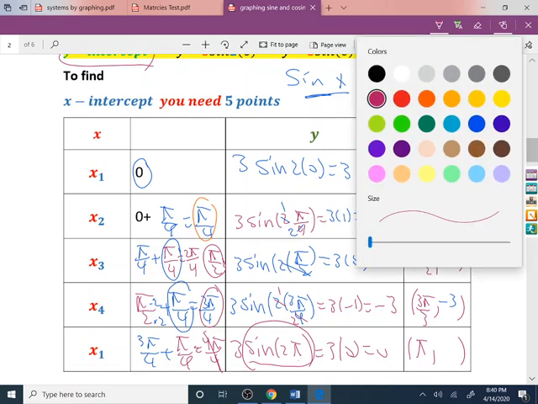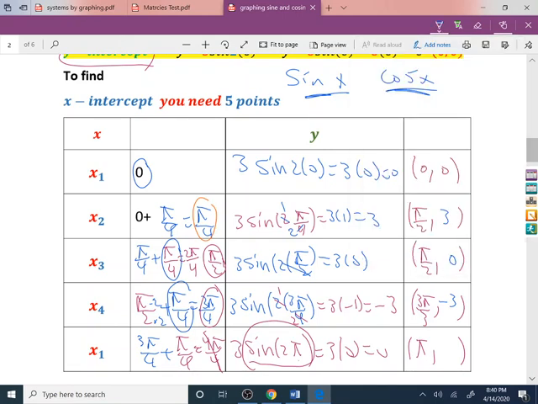Now I have all what I need. 0, pi over 4 here. We have to fix this to be what? Pi over 4.